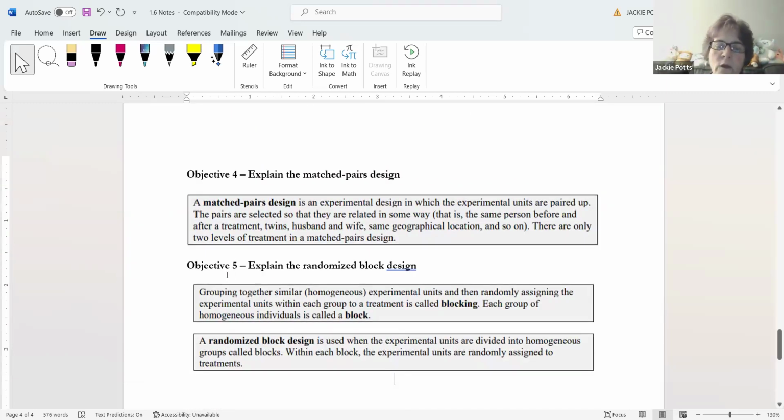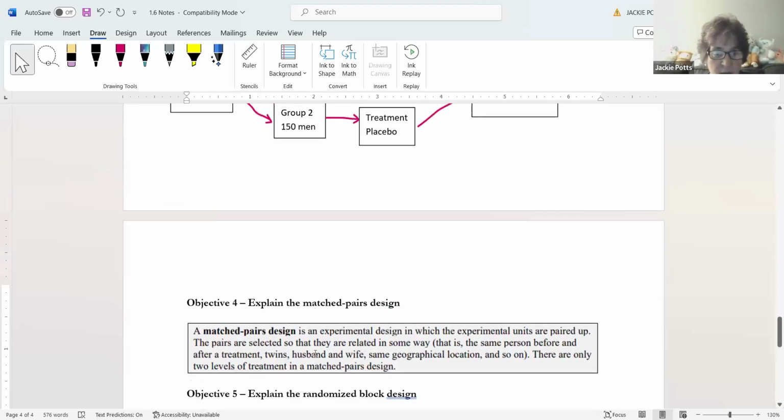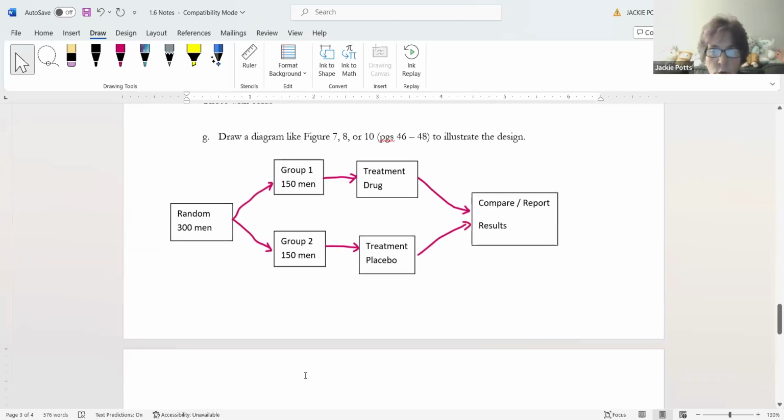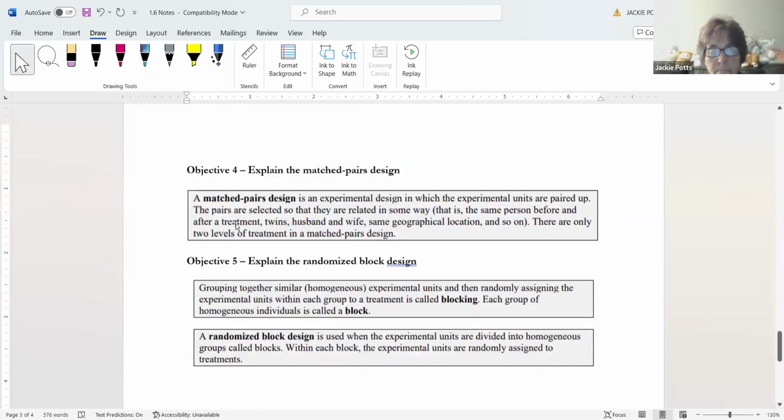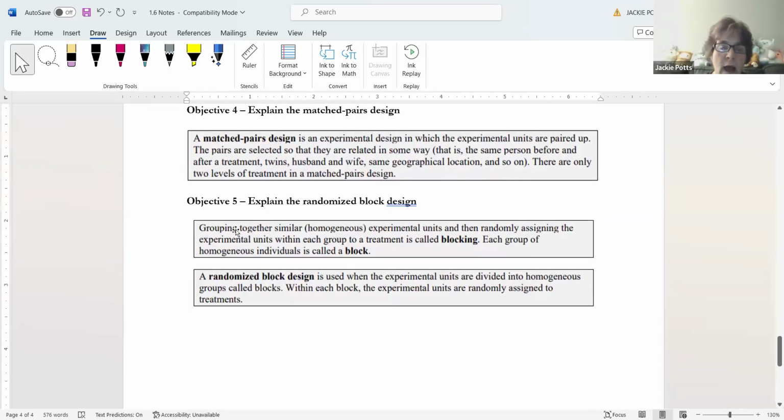All right. Because there's also only 2 levels of treatments in this case. In other words, I'm not going to do 3 groups. Where in a random design, I could have 3 groups. I could have 4 groups. In a matched pair, because it's a pair, there's only going to be 2 treatments. Period.